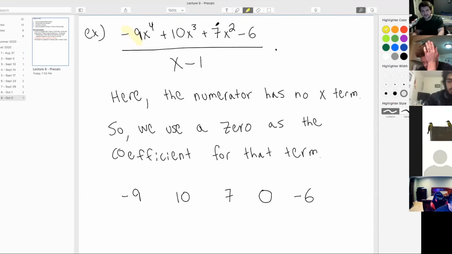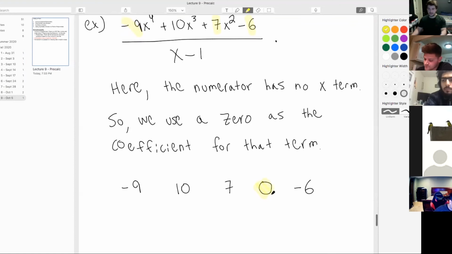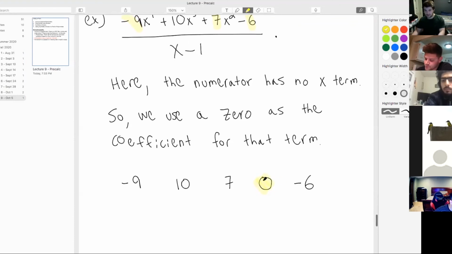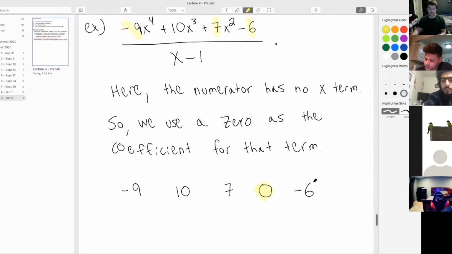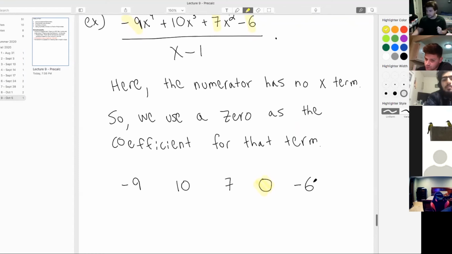Look, I went from 7 to -6, but I put a 0 in between them to account for no x term. All right, so here is that 0 that was mentioned above. All right, so very important. You're not going to get the right answer if you don't put this 0 here. All right, so you have to do it.